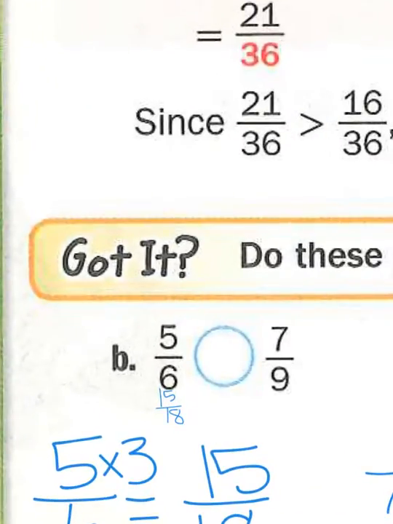So here, this equivalent fraction would be 14/18. So now that we have the same denominator, we just have to look at the numerator to determine which one is bigger. Of course, 15 is a greater number than 14, so we would use the greater than symbol. 5/6 is greater than 7/9.